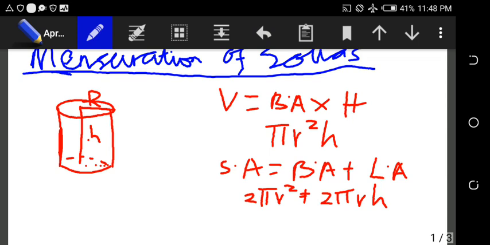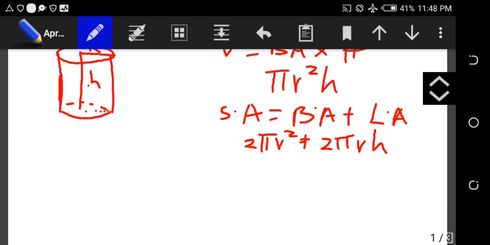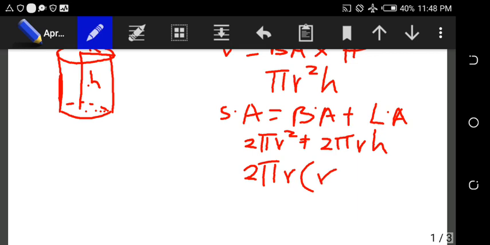Altogether that will give us the surface area of a cylinder, which is 2 pi r squared, for the two circular top and base, plus 2 pi r h, which is for the lateral area. This can also be factorized because both terms have 2 pi r in common, so we can simplify the surface area of a cylinder to 2 pi r, open up our bracket, r plus h.